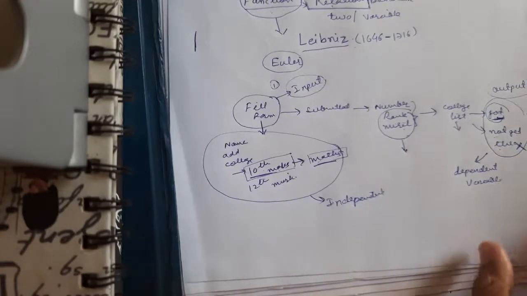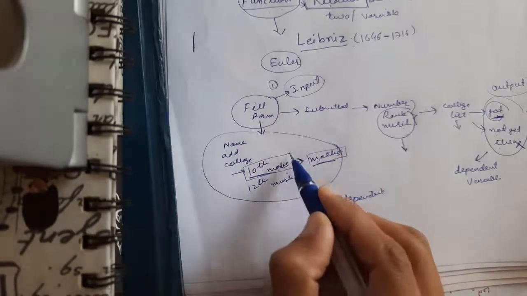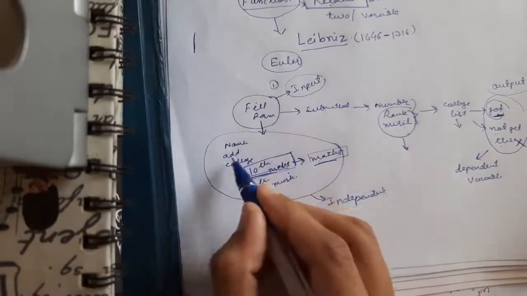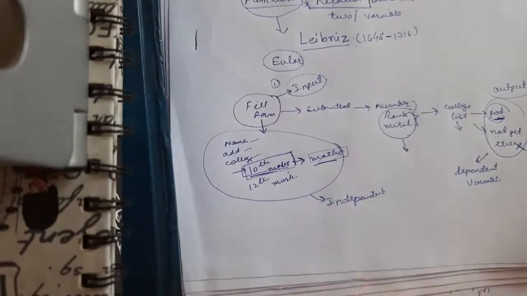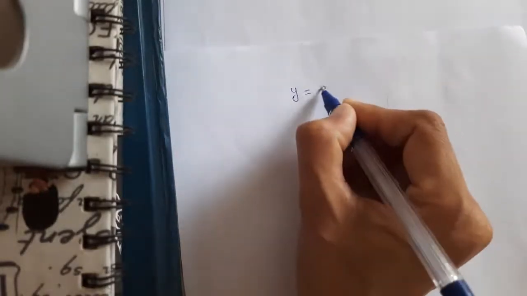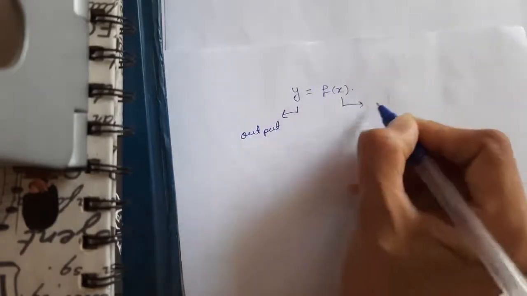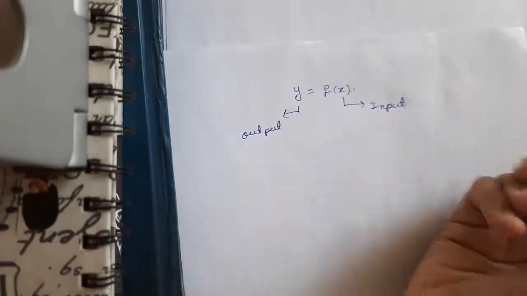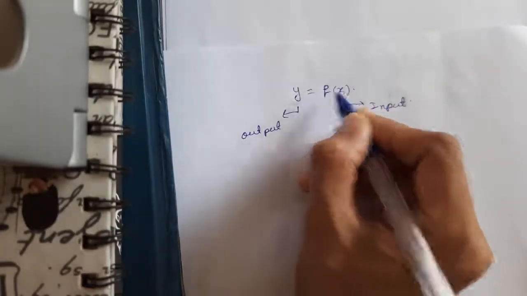Okay. So in mathematics, for the time being, just consider that you are feeding only the 10th mark, because all these others are variables: name, address, college. Here we are going to learn only single variable functions. So mathematically we represent this as y equal to f of x. This is the output, this is the input, and this f is a relationship by which they are both connected.